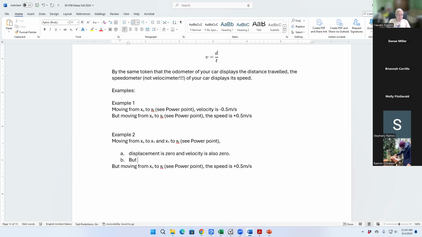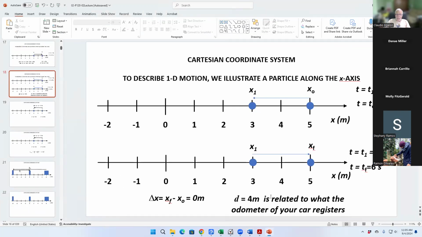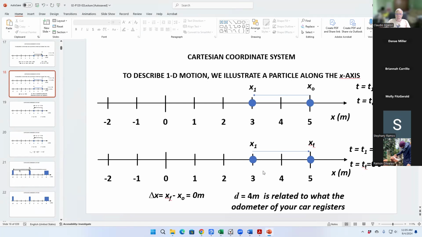But distance traveled is 4 meters, right? And what's the speed? 4 meters, 2 to the left, 2 to the right, and we are talking about 6 seconds.